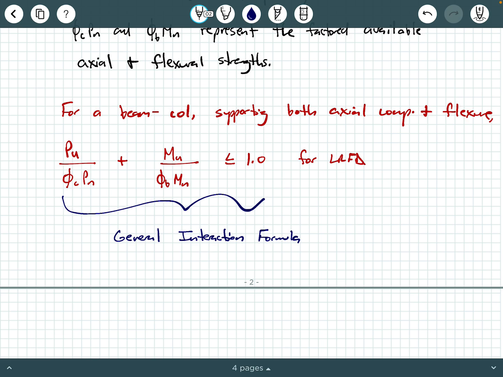This is a general equation, though. When we get into the specifics of steel design and also concrete design, we see some coefficients manifest themselves regarding these ratios. This is just meant to be a general overview of what we're stepping into in some later videos with steel beam columns. So that concludes this video.